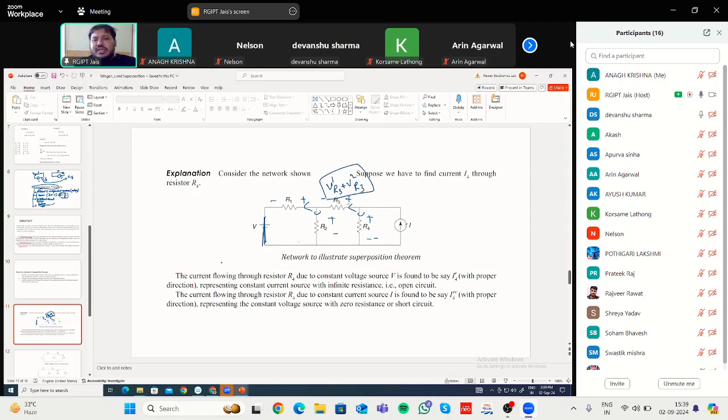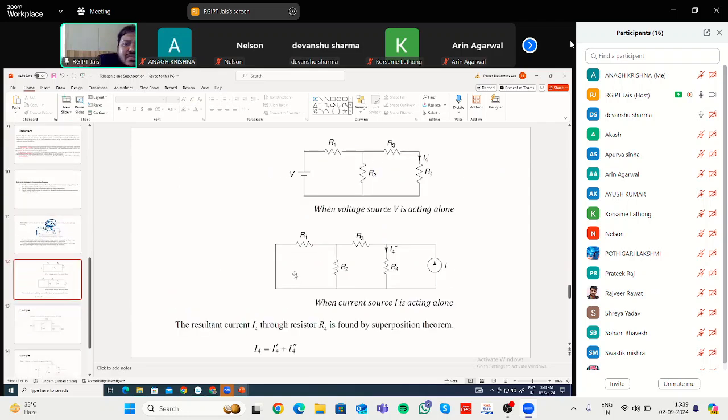If you apply the superposition theorem, adding these two will give you the correct answer. That means when both sources are applied, the voltage across R3 will be this sum. Let us apply this now.